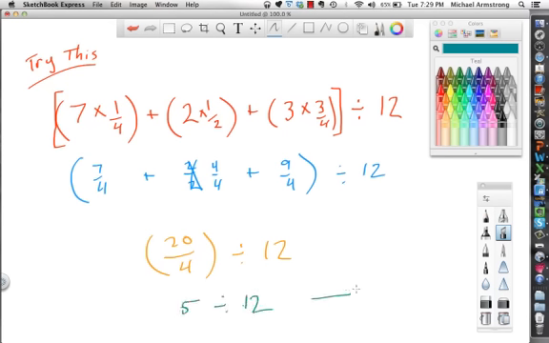And I think you might remember that that is actually what we got for our answer on the previous page that we were looking at. 5/12 was our answer. 5 divided by 12 is 5/12. If you look back, you'll see how that works. That's basically the way to do everything on this assignment. We'll talk about it a little bit in class, but give it a shot and have some fun.